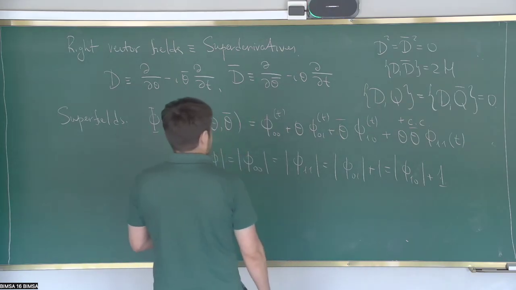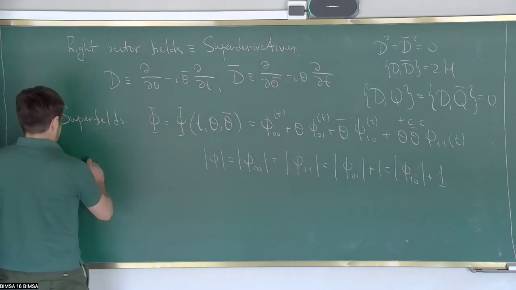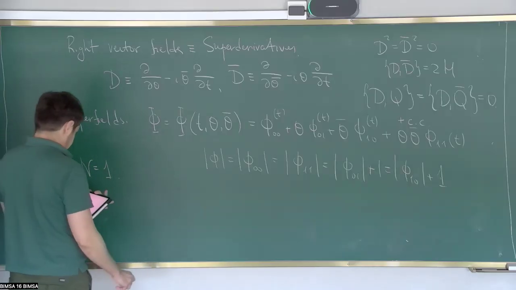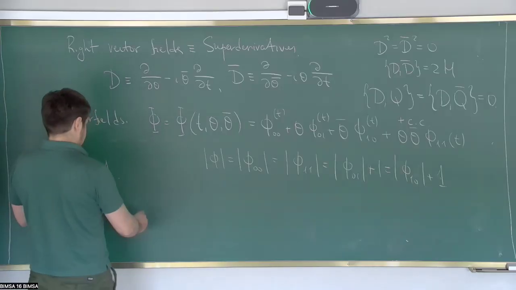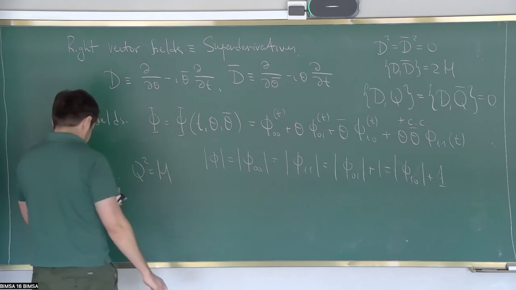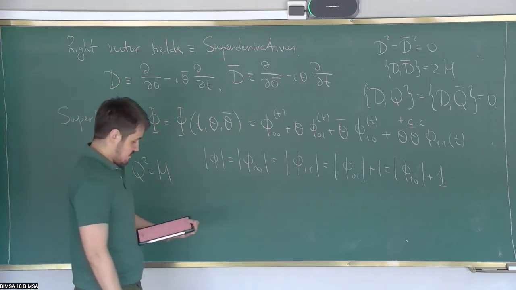So let us make a brief comparison with N equals 1. When N equals 1, we had this Lie algebra of Q squared is H. It can be written in terms of the anti-commutator and so on.